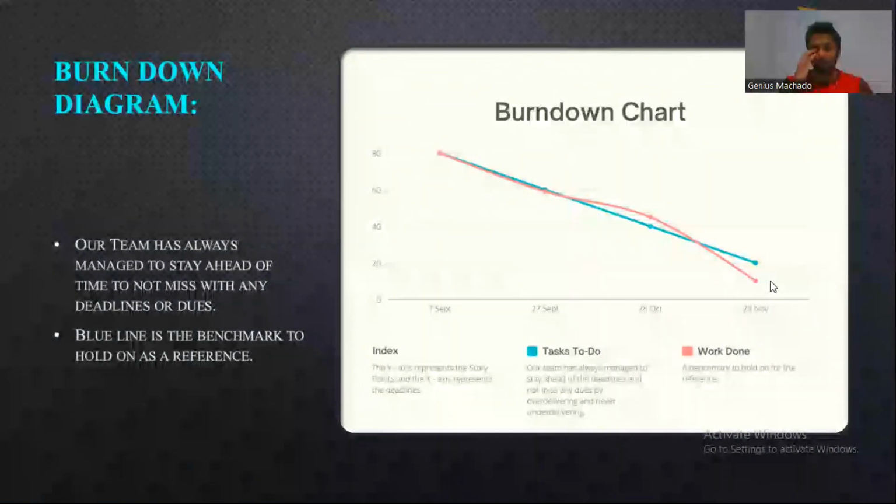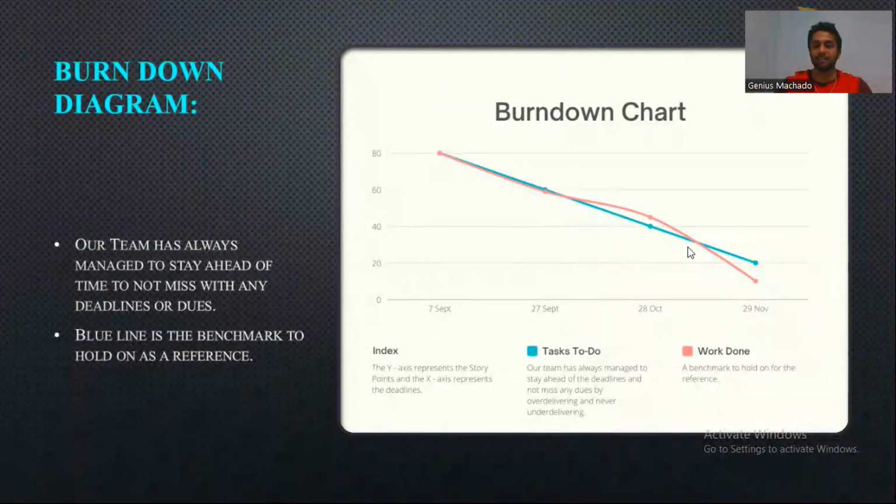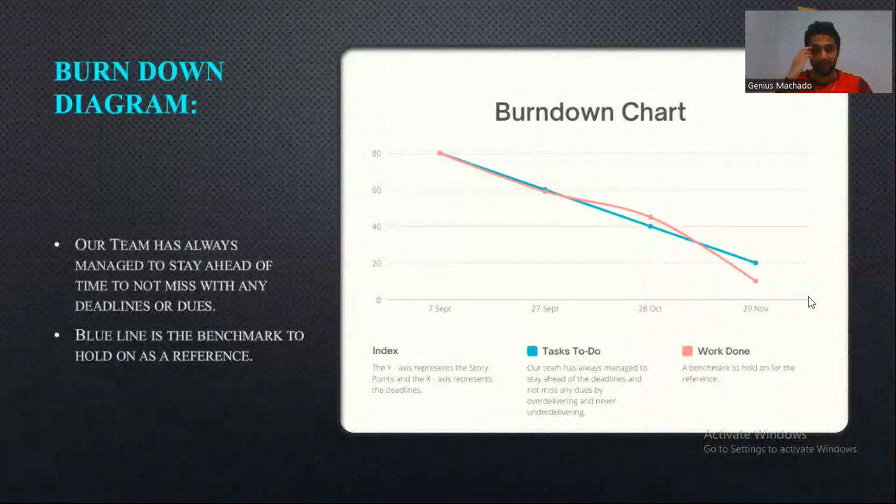That is until today. As you can read from the graph, the blue line is the standardized benchmark that we set up, and the pink one specifies the ups and downs we had during our progress or timeline.